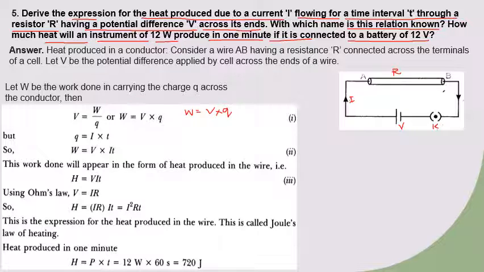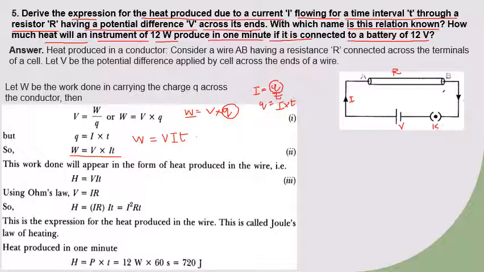So W is equal to Q into V. Now we know what charge is, from the expression: current I is equal to Q upon T. Charge is nothing but current into time, I into T. So let's substitute the value over here. When I substitute, I will get work W is equal to V into I into T, right?